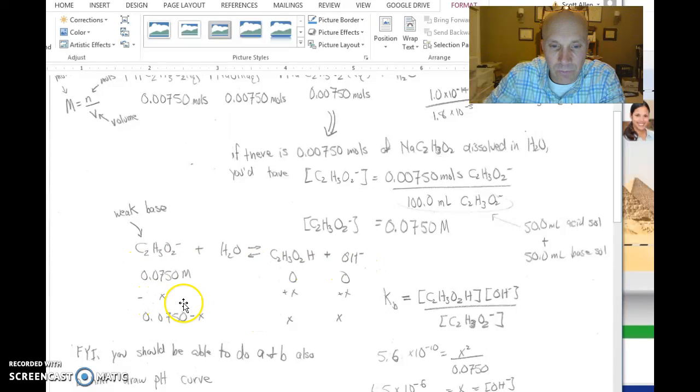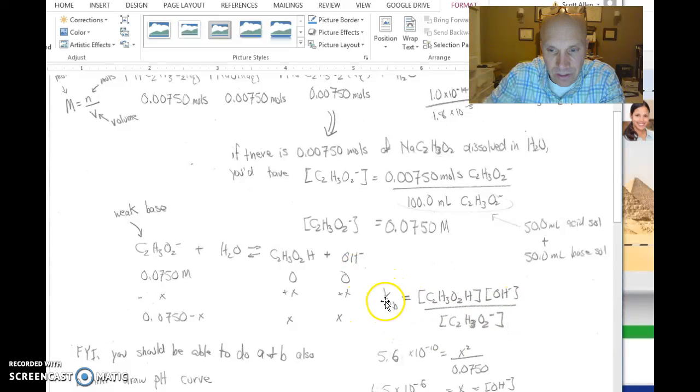We're going to lose a mole of this. We're going to gain moles of these two things right here. And with this reaction, since we're considering this a weak base, the thing that would be relevant is the Kb. All right, so the Kb for this base reaction could be expressed this way.